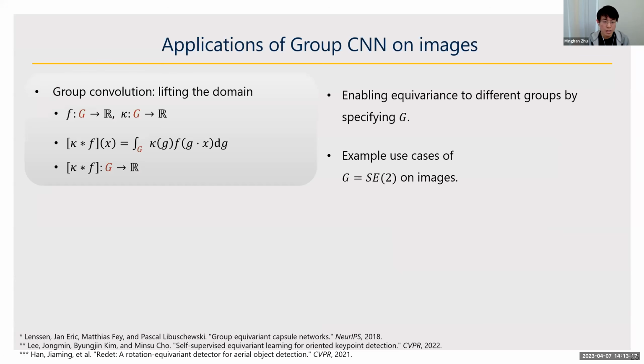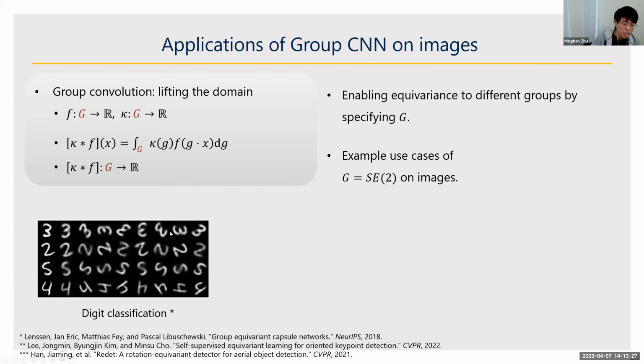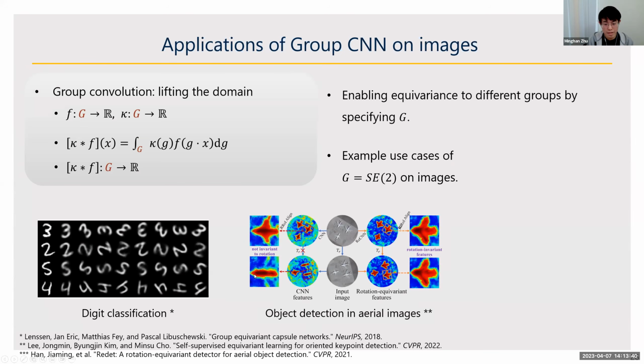For example, I'll give you some applications of using SE2 equivariance on images, the 2D translation and rotations. For example, digit classification. When you rotate the digit on the MNIST dataset, a network can reliably recognize the digit because it is equivariant to the rotations. Now, it may not be a very funny or interesting application, so there are more complicated ones.